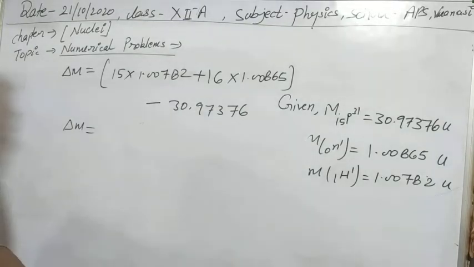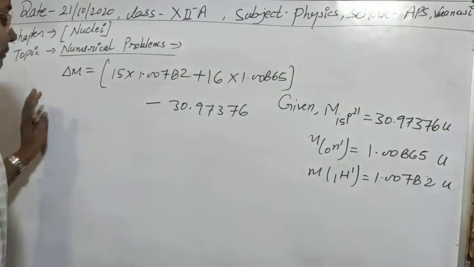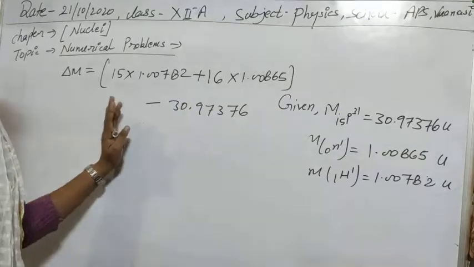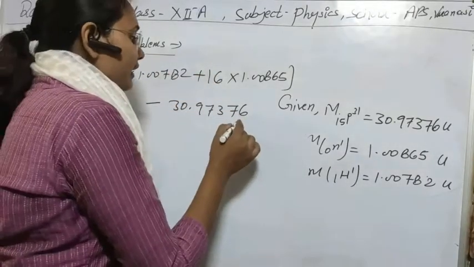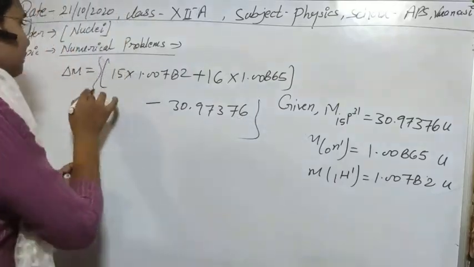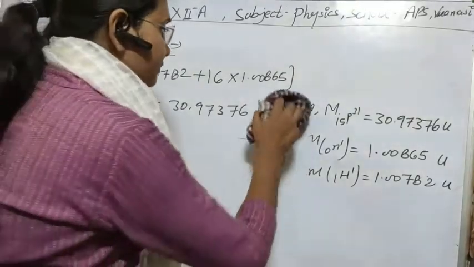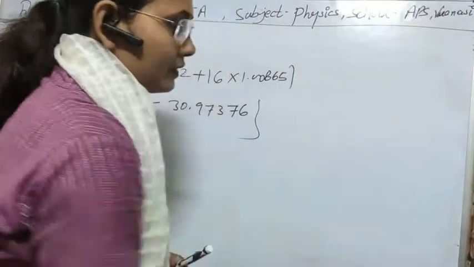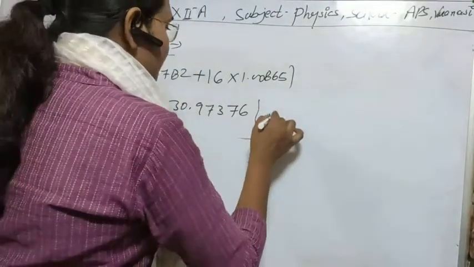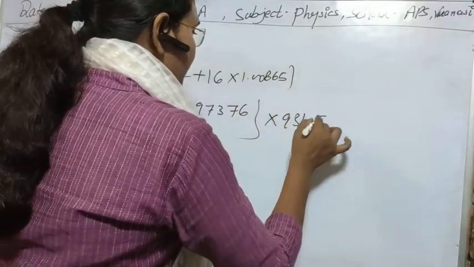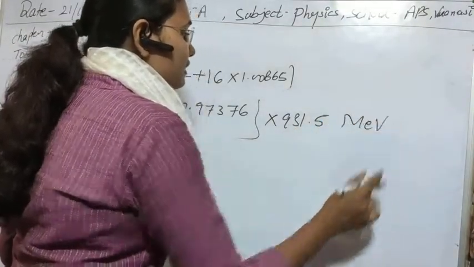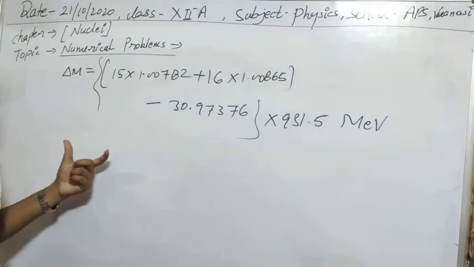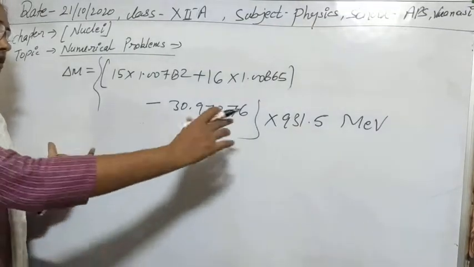Clear? So if Δm can be calculated, this value will be in the form of u. And if we multiply the whole term by 931.5, it will be converted into mega electron volt. So this is the binding energy for the phosphorus nuclei.